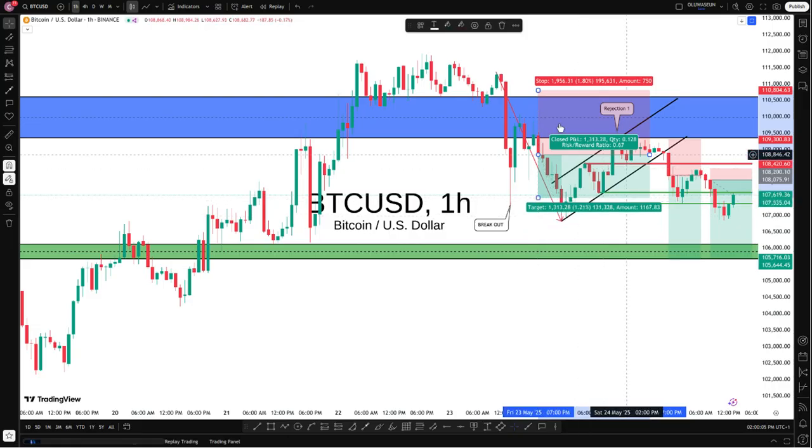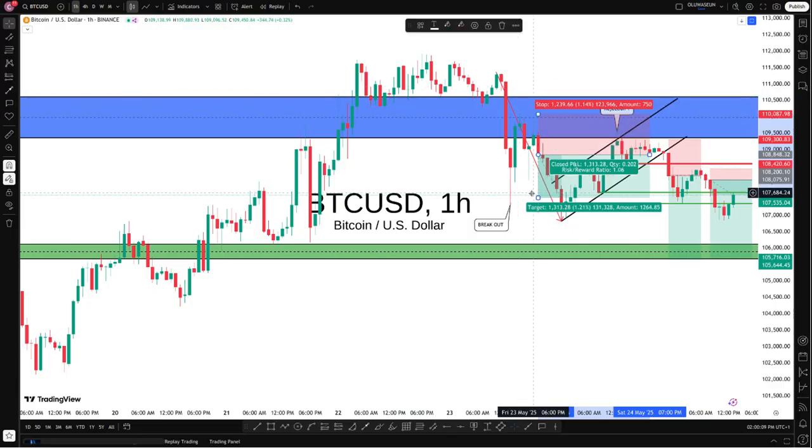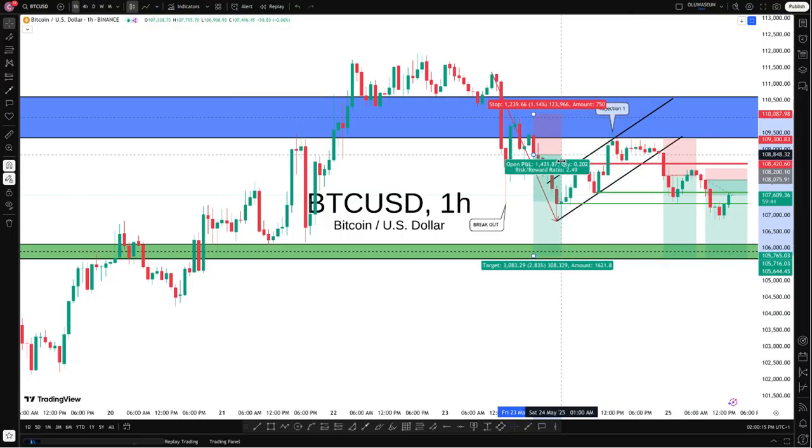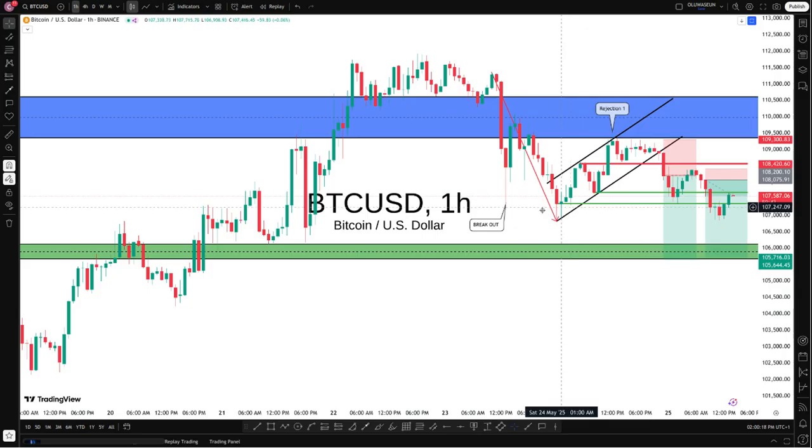I think around there. The SL was around here. The major target was here like this, but quickly closed when I realized that a lot of rejection was happening here. Okay, maybe price wants to come back here to sell, so I started following up on what price was doing. When price broke out of this corrective trend, I got an entry.